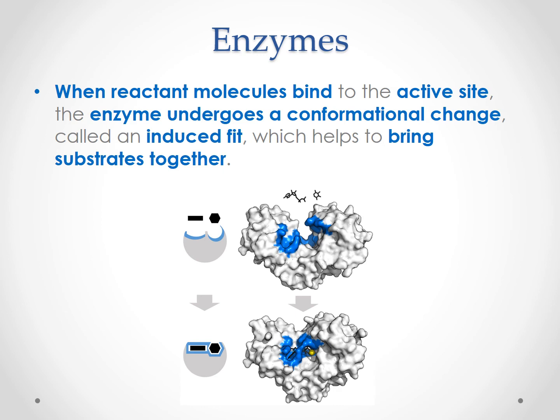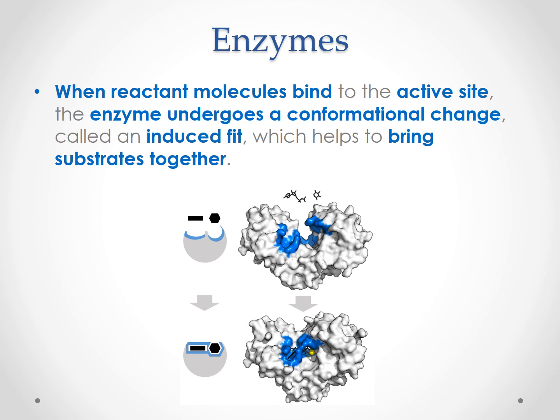And when they enter and interact with one another, what happens is a change in the conformation of that enzyme. This is what we call an induced fit. Basically, it's the enzyme wrapping itself around those substrates to put them in that very precise orientation that they need to facilitate bond formation. You can see that between the top and the bottom.